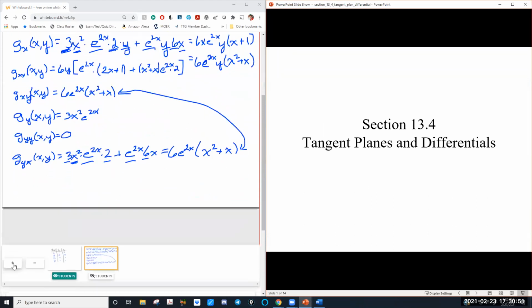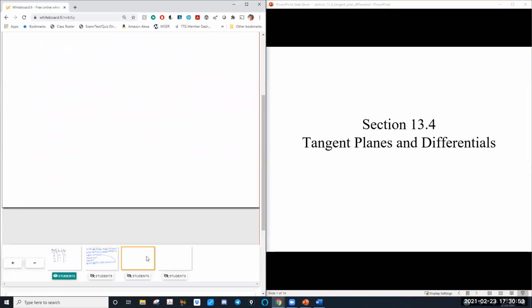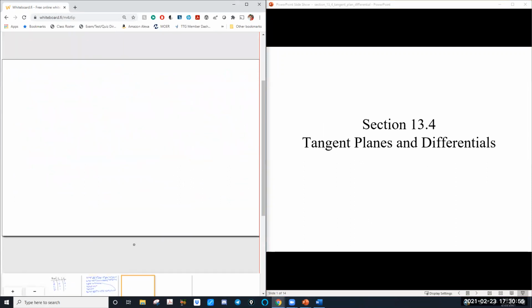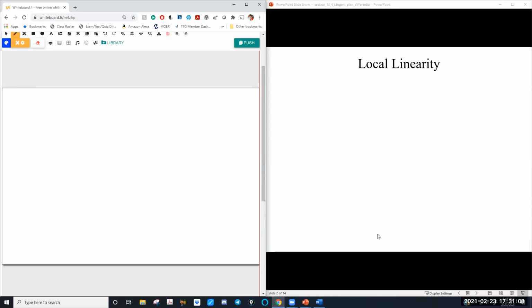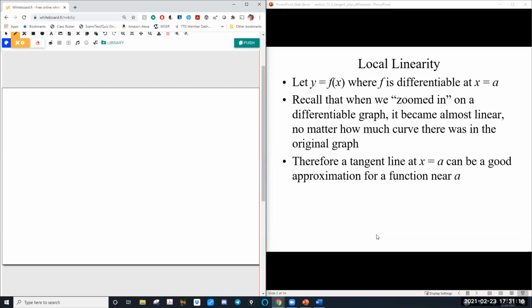So, tangent planes and differentials. Now, we're familiar with tangent lines. You guys dealt with those in Calc 1 plenty, and even a little bit in Calc 2 with your first degree Taylor polynomials, right? So a lot of times you start off with local linearity.